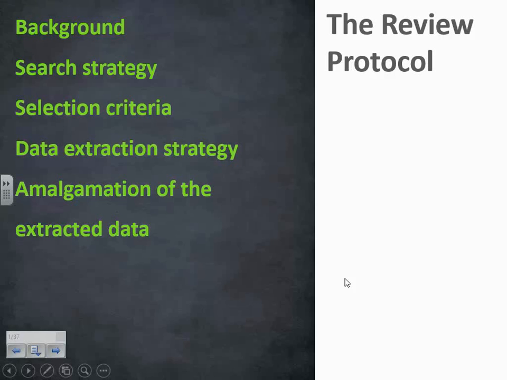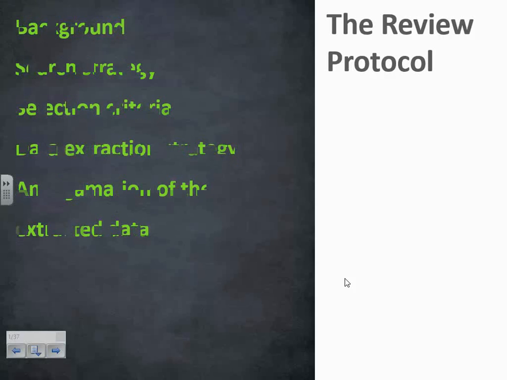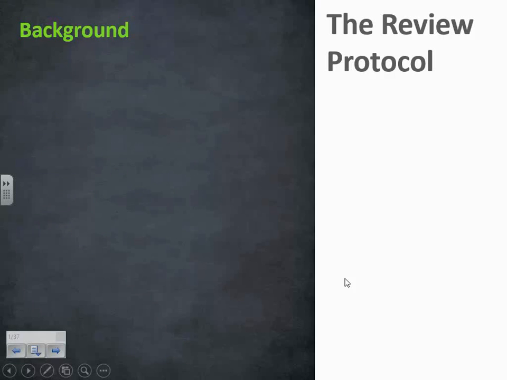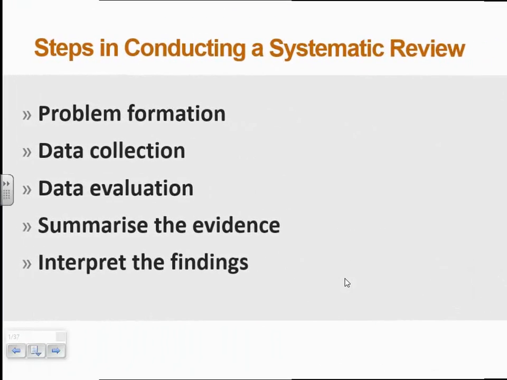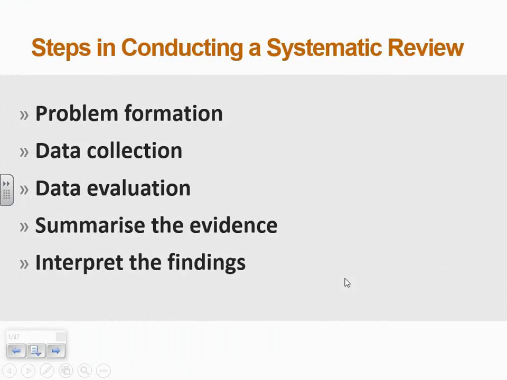Okay, steps in conducting your systematic literature review now follows. Different documents on the subject of systematic literature reviews identify a divergent number of steps, but most include the following important steps.